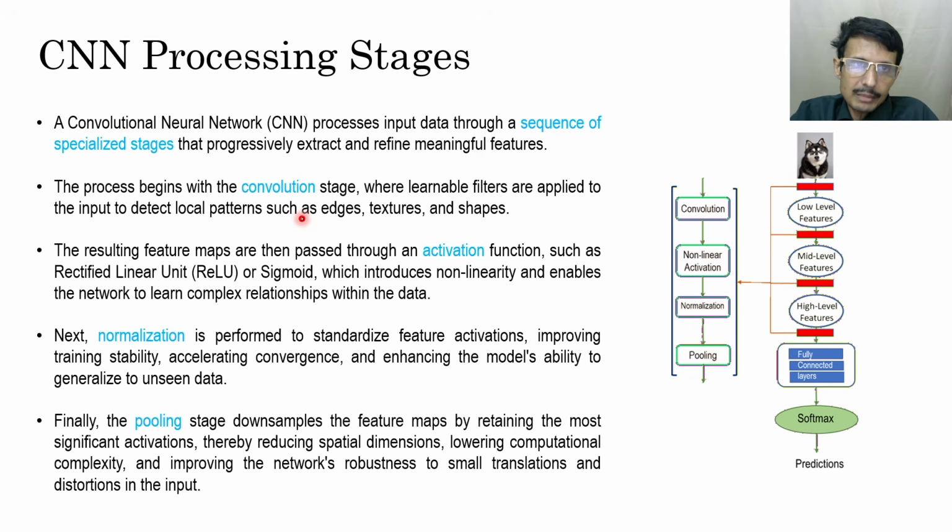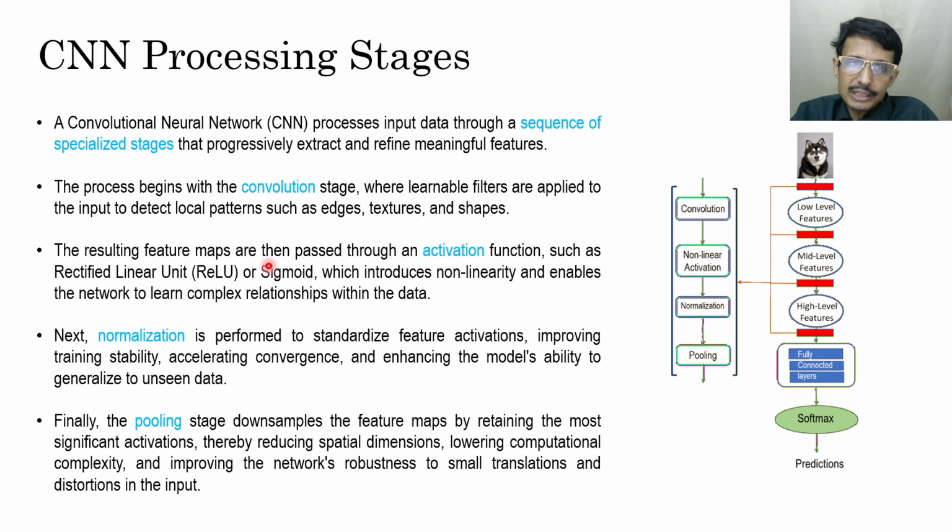So if we summarize the CNN processing stages, a convolutional neural network processes data through a sequence of specialized stages that progressively extract and refine features. It begins with convolution, the learnable filters applied to the input local pattern that we have seen.